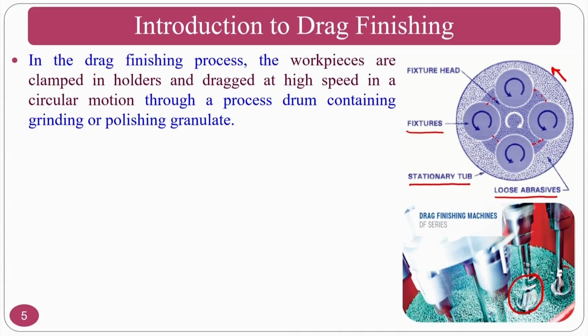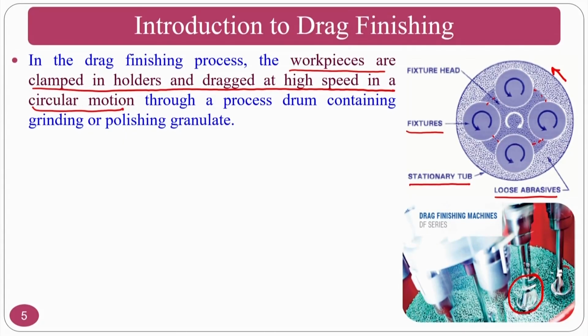In the drag finishing process, the workpieces are clamped to the holders and dragged at a high speed in a circular motion through a drum containing grinding or polishing granules. That means abrasive particles are there in a tub wherein you have placed a holder or a fixture of the component, and you are rotating it uniformly so that you will get a uniform surface finish.